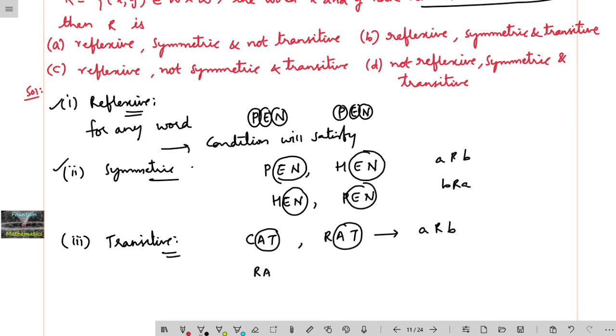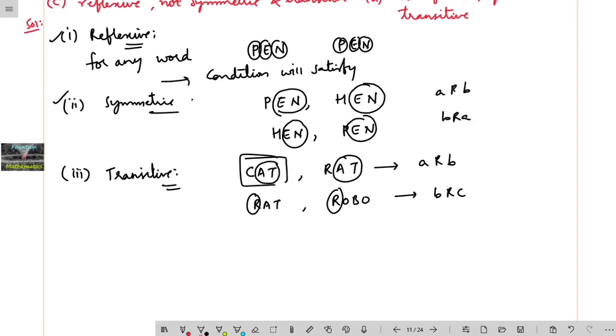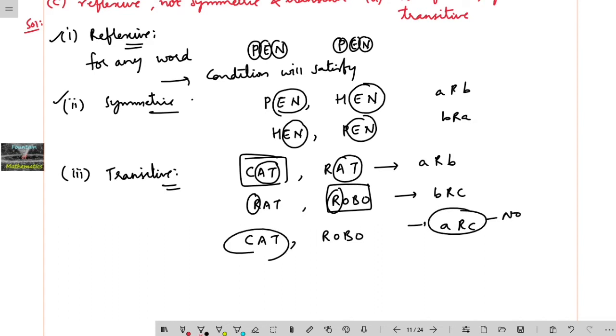And if I consider RAT and ROBO, one letter is common in these both words, so B is related to C. Now coming to the first word and the last word, CAT and ROBO, is there any common? Since A is related to B and B is related to C, can we say that A is related to C? No, there is no common letter at all, and hence it is not transitive. For showing it is not transitive, one example is enough.